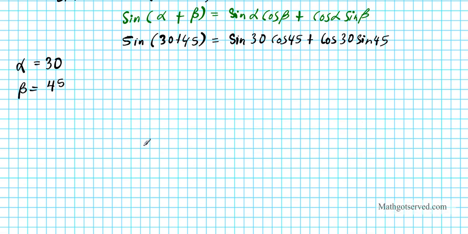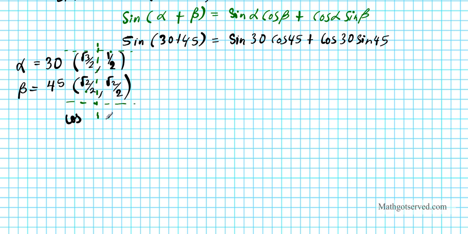To find what sine and cosine are, let's use the unit circle coordinates. For 30 degrees, the coordinates are root 3 over 2, comma 1/2. For 45 degrees, the x and y coordinates are the same, root 2 over 2, root 2 over 2. The x coordinate is cosine and the y coordinate is sine.